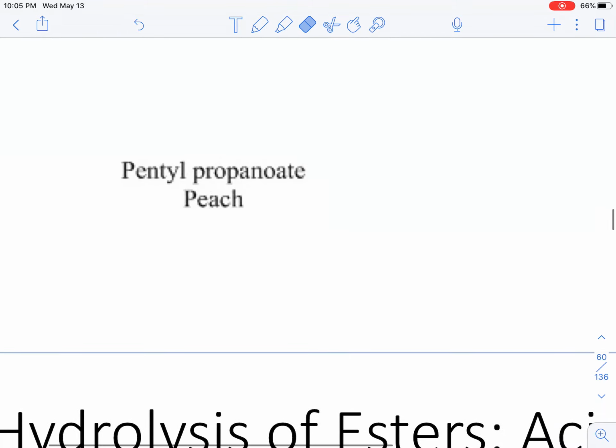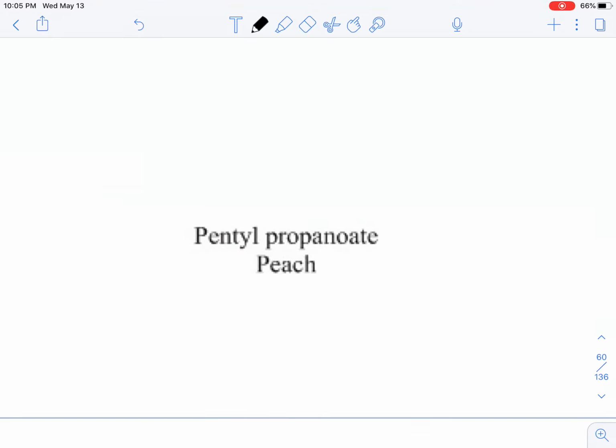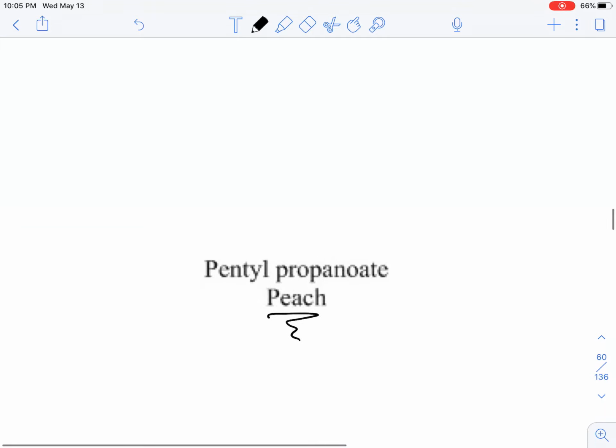So hopefully you guys are seeing the pattern. Let's go ahead and draw the ester that's going to be the major component in the smell of peach, which is pentyl propanoate.